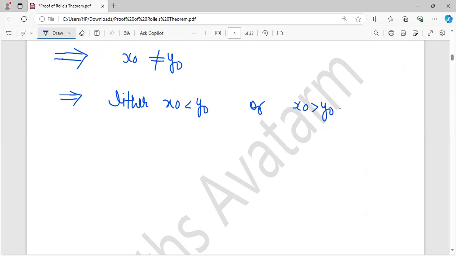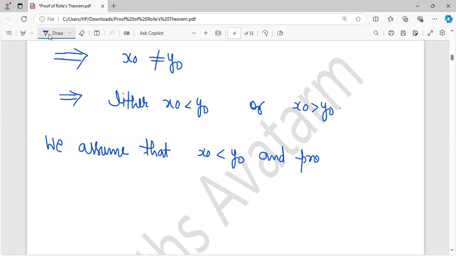Now we assume that x naught is less than y naught, and prove the theorem.